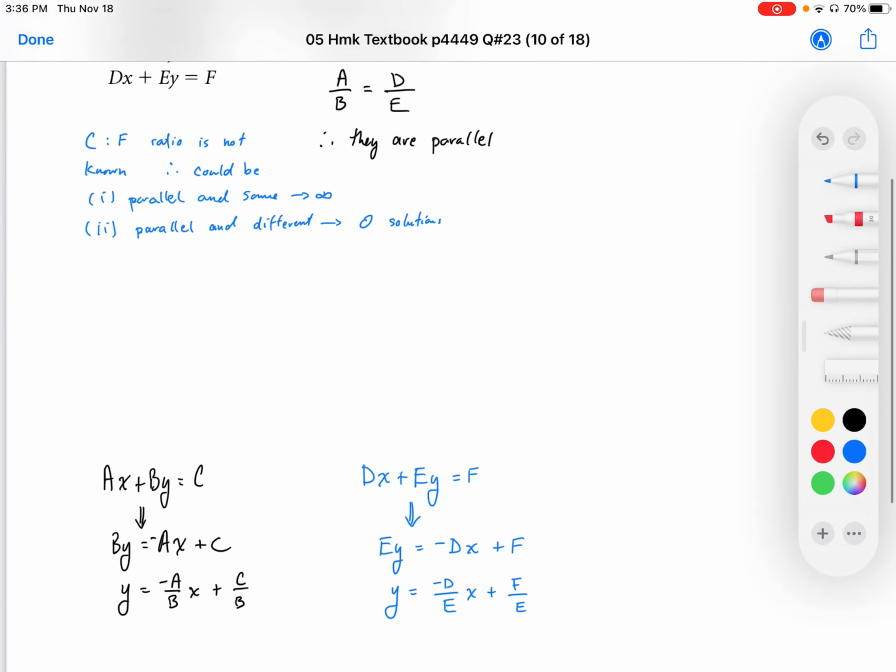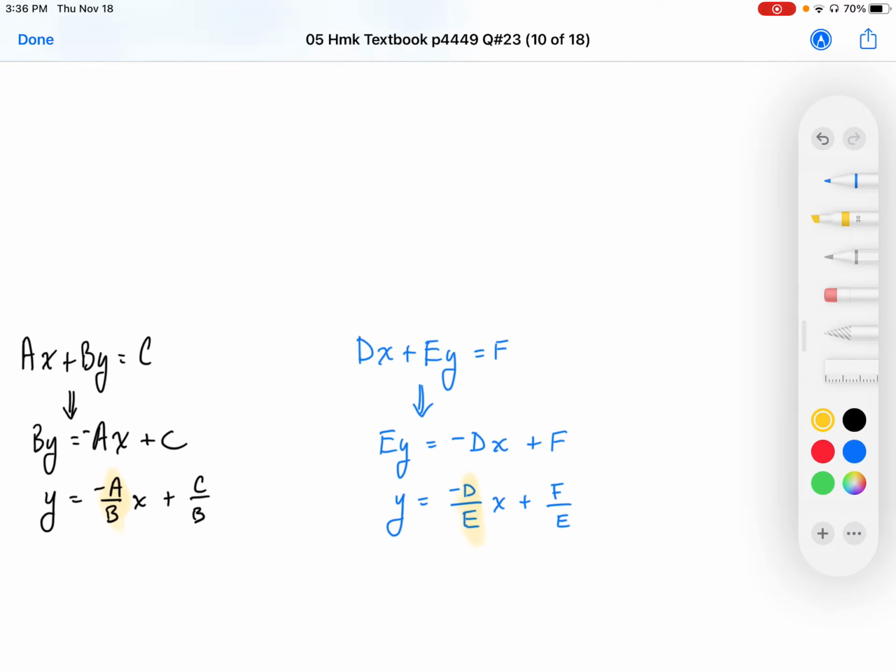Well, we have proven up here that the a over b ratio, although our slope is actually negative, the a over b ratio here and the a over b ratio here are the same. The d over e ratio is equivalent to that, and we have the d over e ratio here.